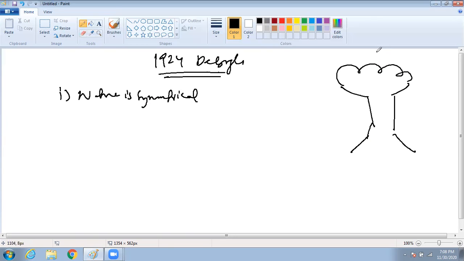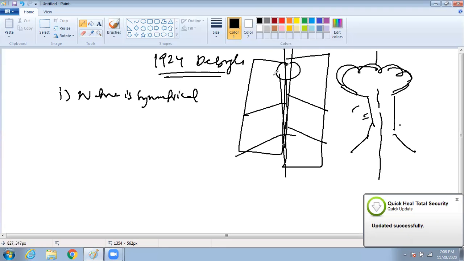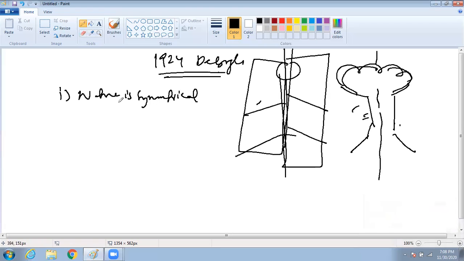What is symmetry? If I put a mirror, then this side and that side are mirror images of each other. Similarly, take a human. If I cut the human in two halves, this part will be exactly equal to this part. So nature is symmetrical.